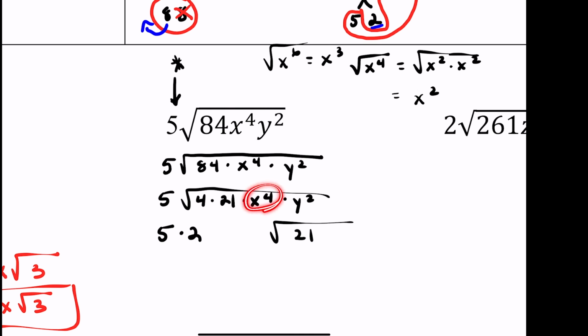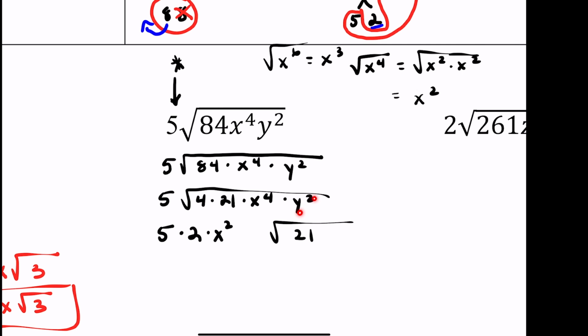Here's the square root of x to the 4th. Well, it is an even numbered power, so I can just do 4 divided by 2, right? And that's just going to give you 2. So what we're supposed to write here is x to the 2nd power. And then lastly, we have the square root of y to the 2nd power.